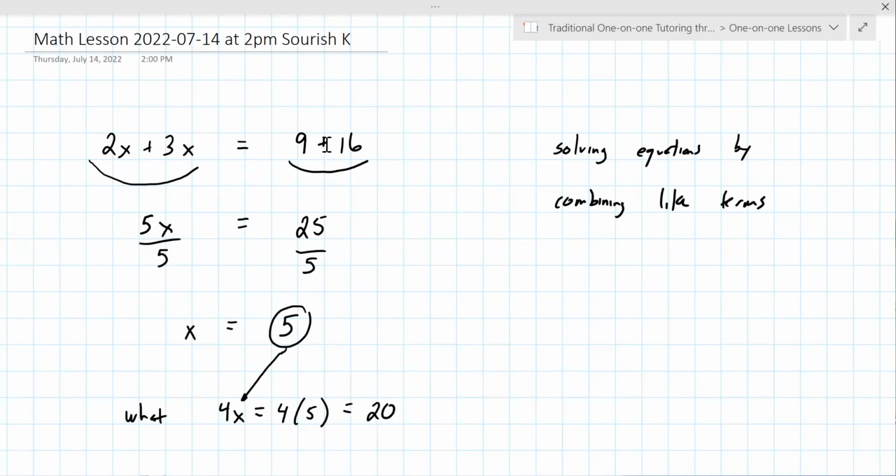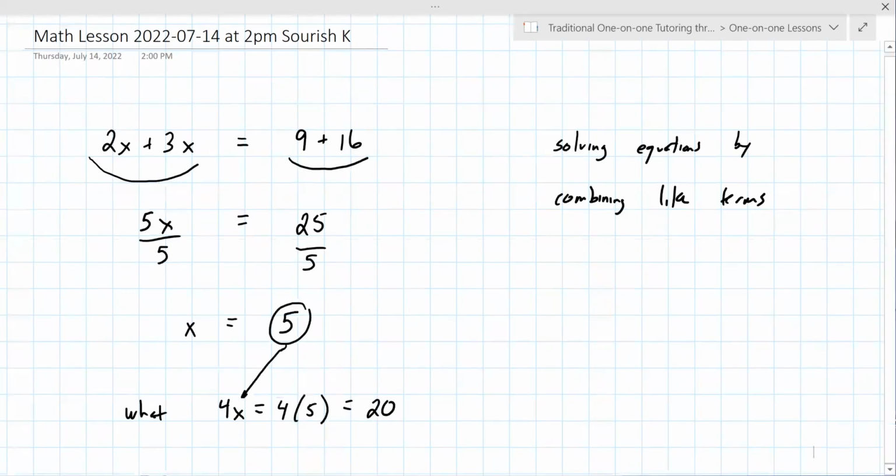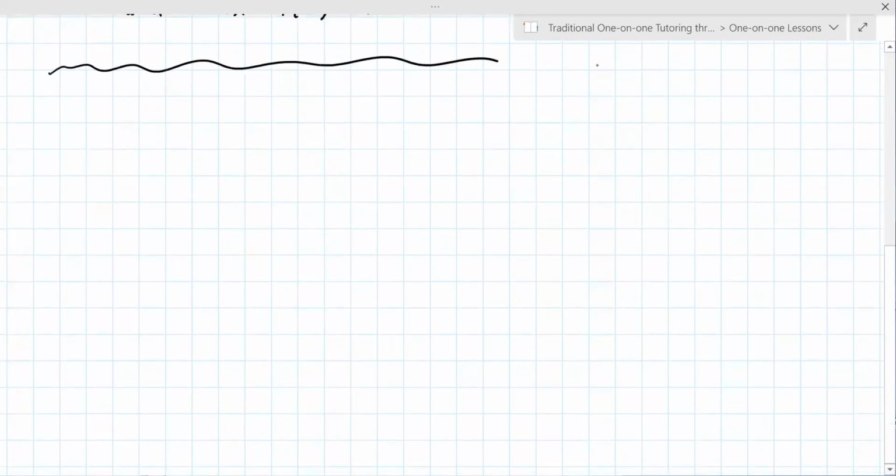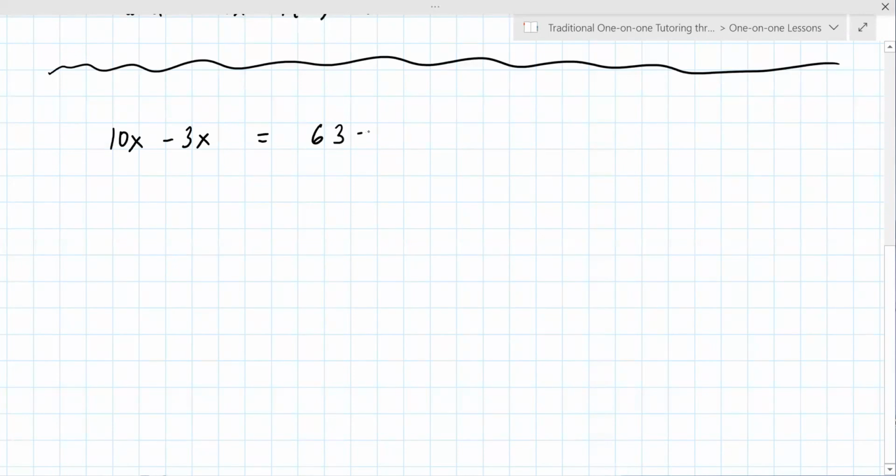Okay, so we're going to start with something a little bit different this time. I'm going to give you another equation like 10x minus 3x equals 63 minus 7. But the question will be, what is 5x?